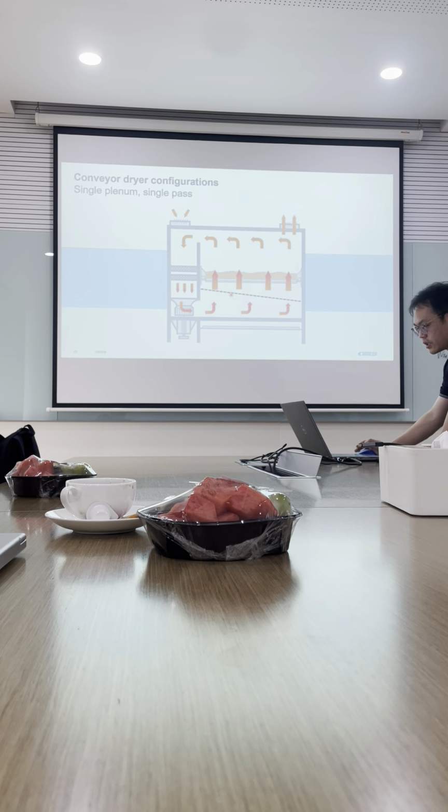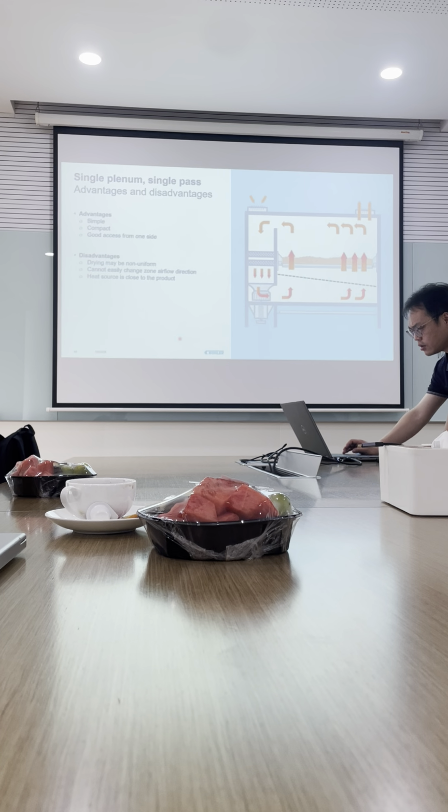The goal of the plate is to provide uniform airflow throughout the plate, so that we can provide moisture uniformity. The advantages are that it is simple, compact, and has good access from the side.